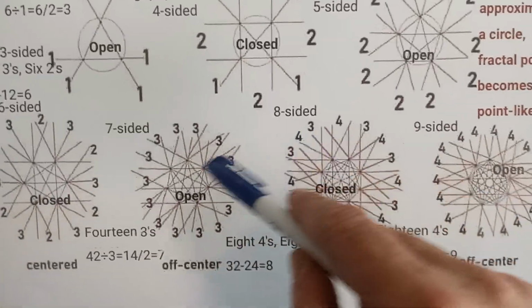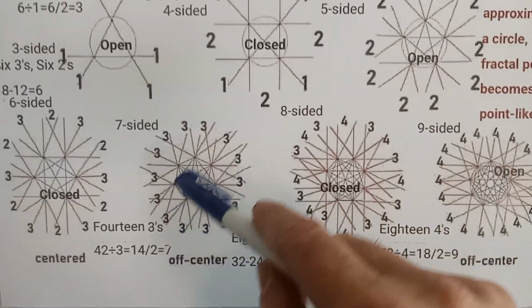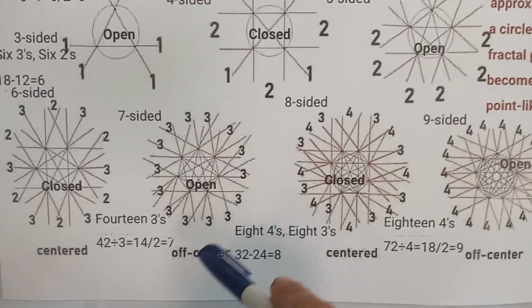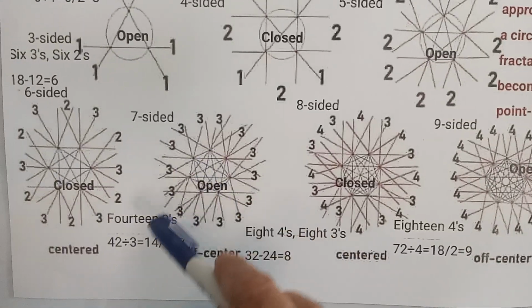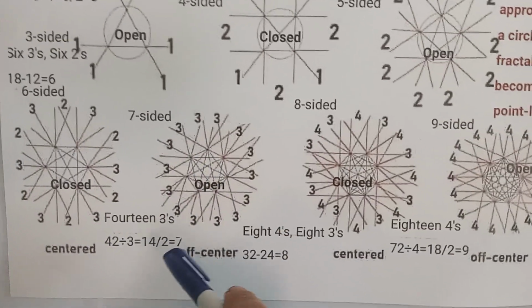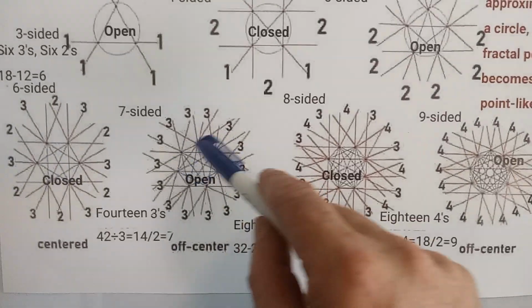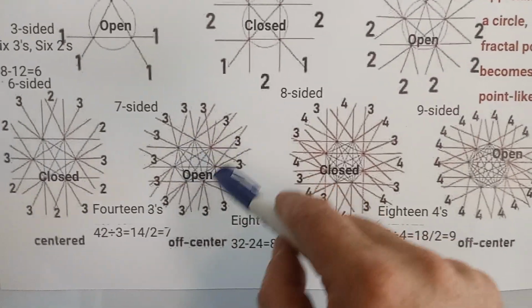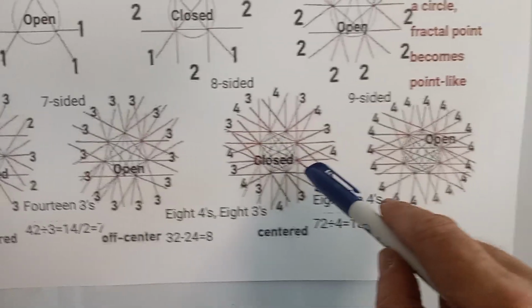Then you move on to a 7-sided. And it's constant numbers. So you add those up. And you get 42. You divide by 3, you get 14. You further divide by 2, it gives you 7. So it tells you there's a 7-sided polygon, I don't know what the name of that is. It's out there.